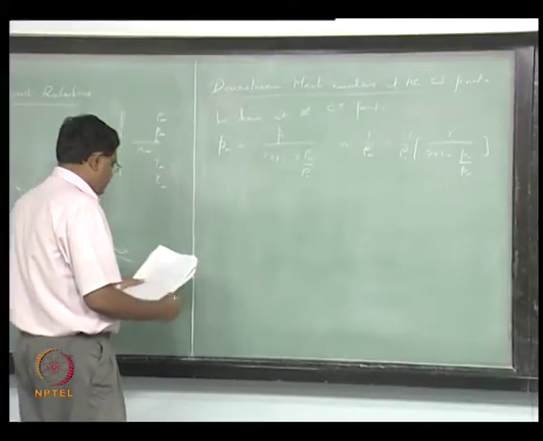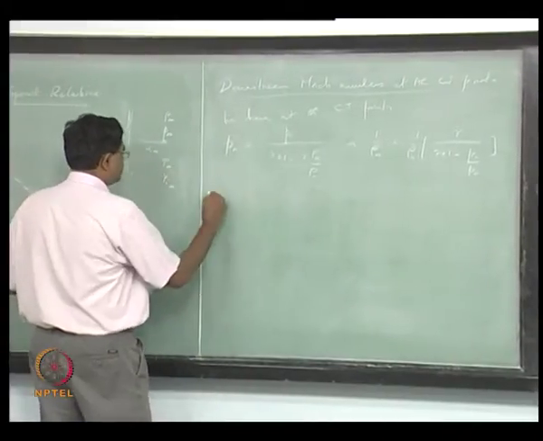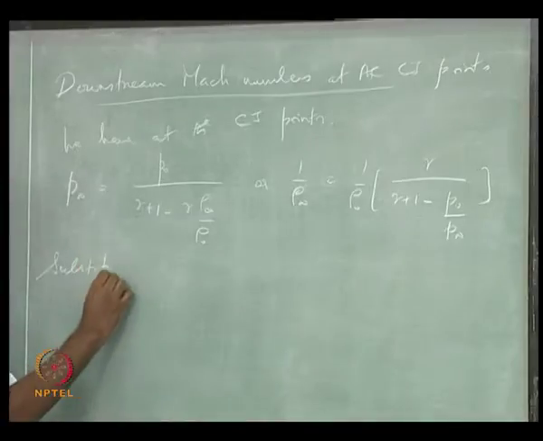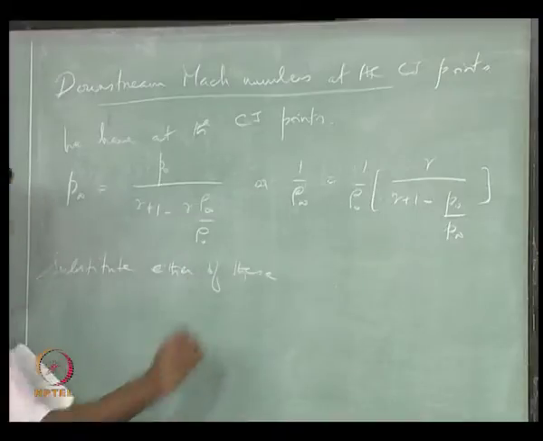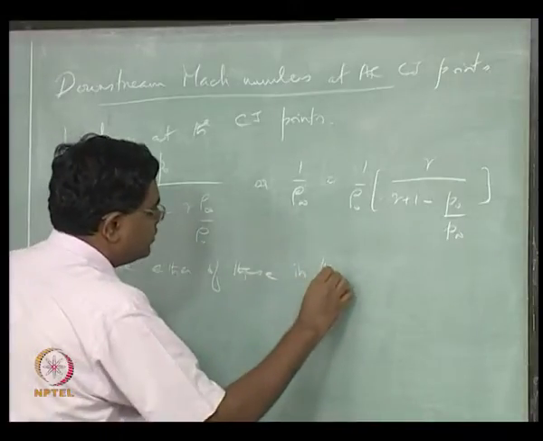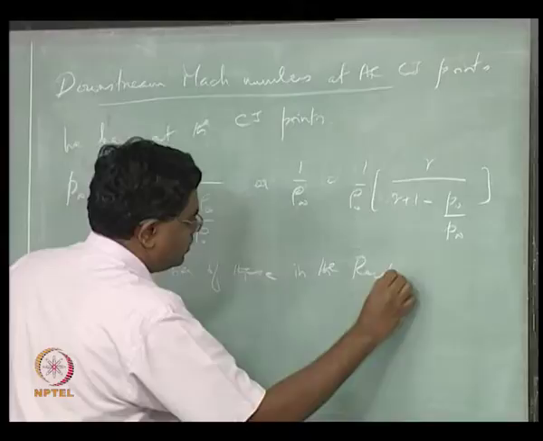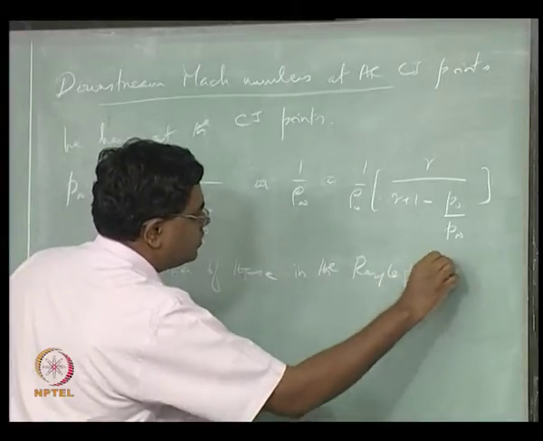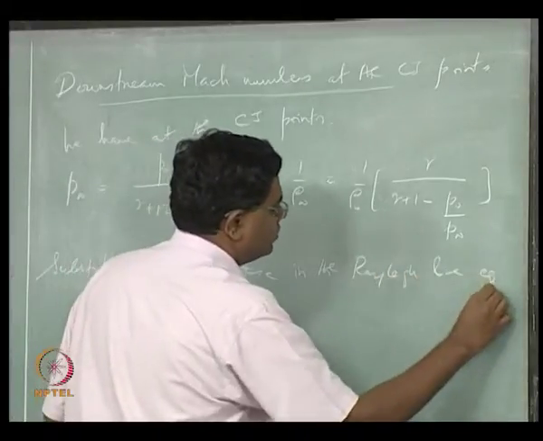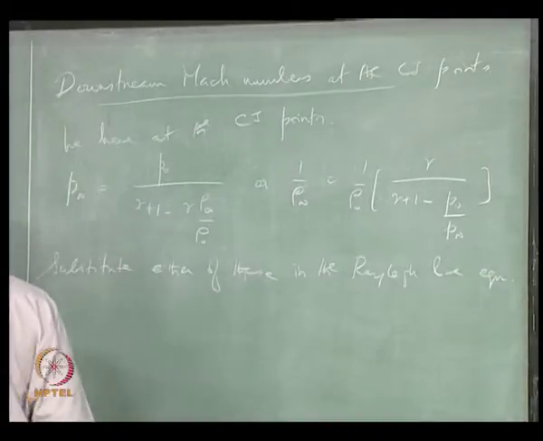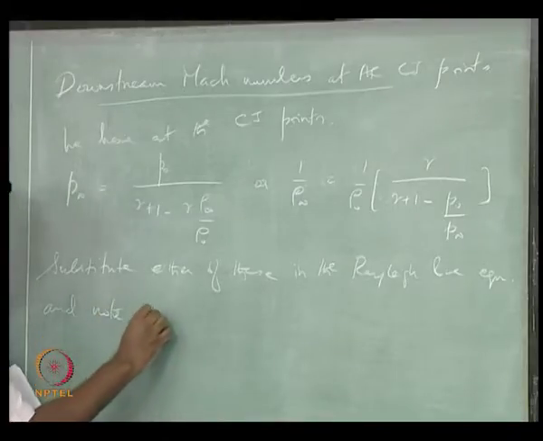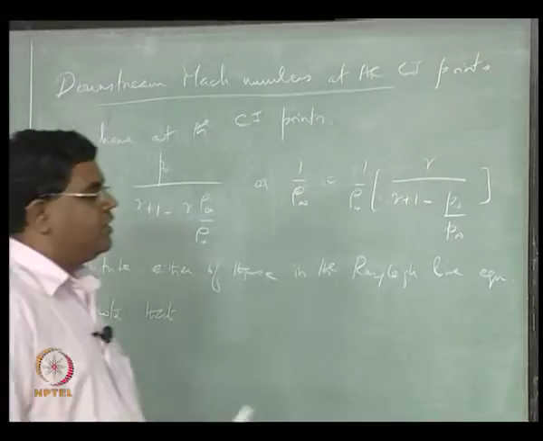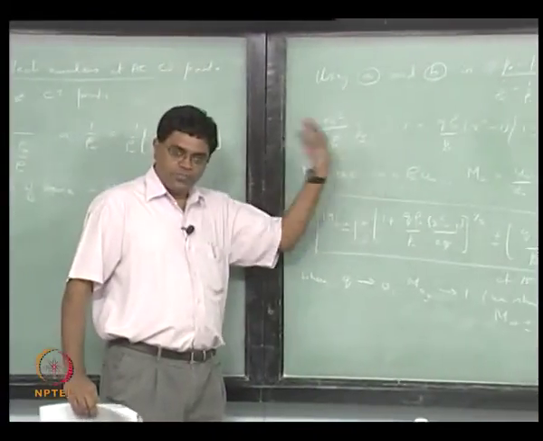So substitute either of these in the Rayleigh line equation, and note that this time m dot is not rho naught u naught, because we are interested in the downstream conditions.